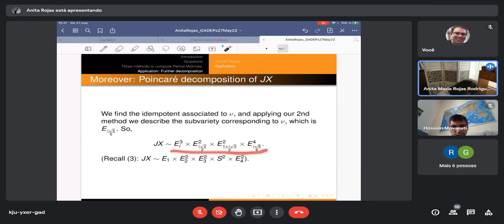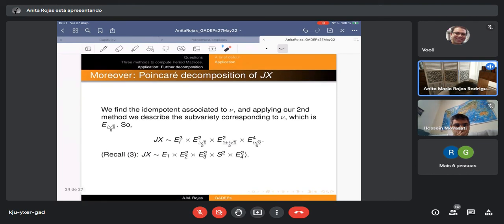We are not answering Beauville's question by showing a Jacobian variety which is isomorphic to a product of elliptic curves. It is isogenous. But since we have everything explicitly, we can compute the kernel of that isogeny, and we did it at some point.